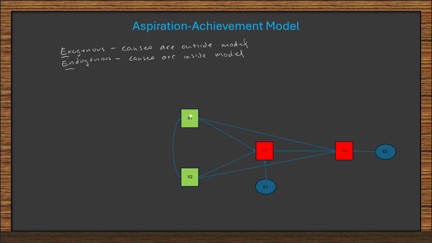So that's one of the reasons, personally, I refer to them as x's, because they are exogenous variables. So the exogenous variables are the ones that have no predictions to them. So in this case, it's x1, which is family income, and x2, which is quantitative ability.